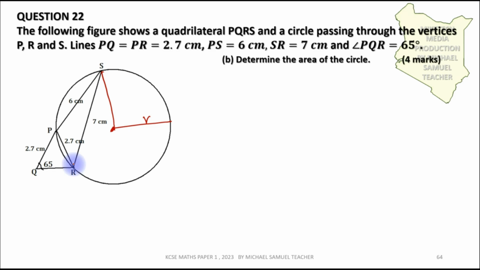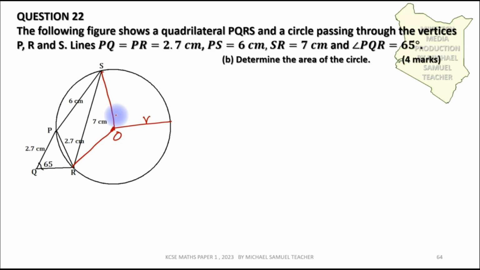So that is something important we need to know. If that is the case, then we are going to use the sine rule, which will help us to get to the radius of the circle.